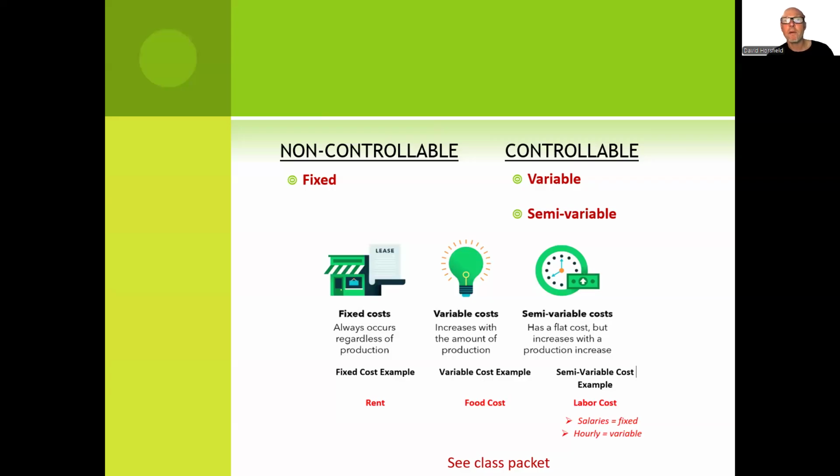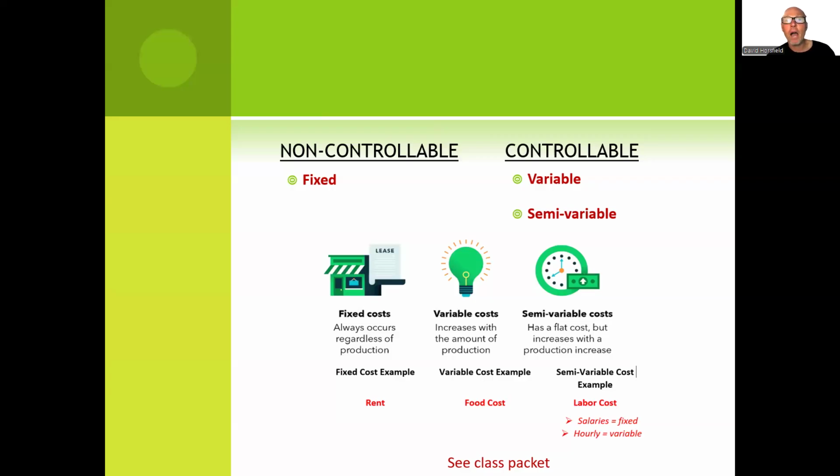And semi-variable costs on the far right have a flat fixed cost element to them, but they also increase or decrease with production. An example of a semi-variable cost is labor. Our fixed flat component of labor is going to be management's costs, because we're paying management salaries regardless of how busy or quiet a business is.